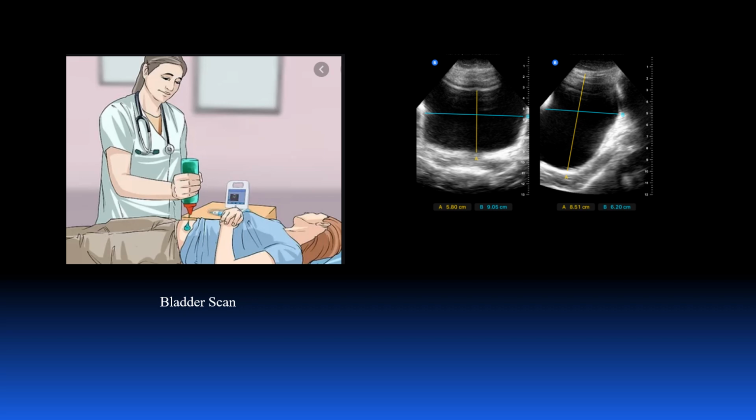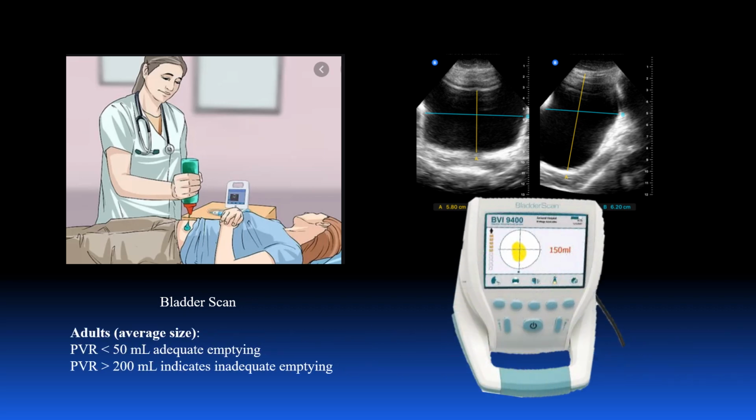The residual urine volume in the bladder is then measured with the bladder scanner. A residual volume less than 50 ml in an average-sized adult is considered normal. A residual volume greater than 200 ml suggests significant urinary retention that may play a role in kidney injury.